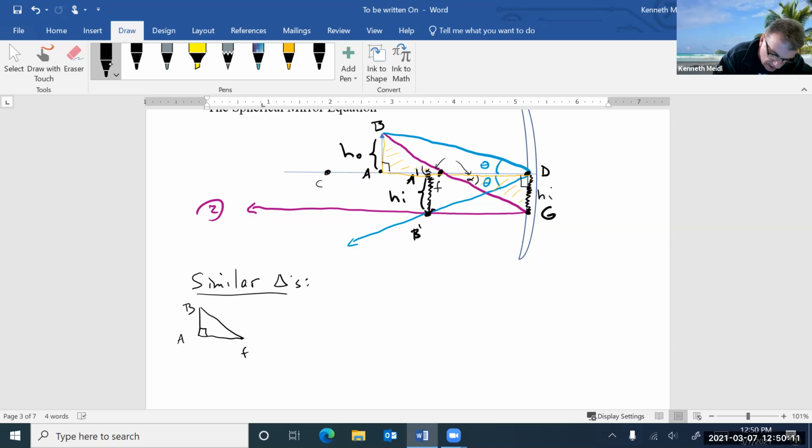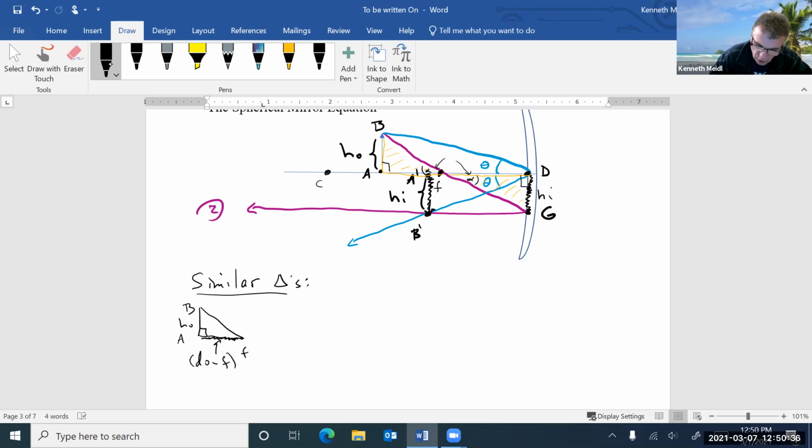And so this is the height of the object. And this distance right here would be the distance that the object is minus the focal length, right? So the full distance to the mirror is DO. Then I subtract the focal length, and it leaves me just this little piece right there.